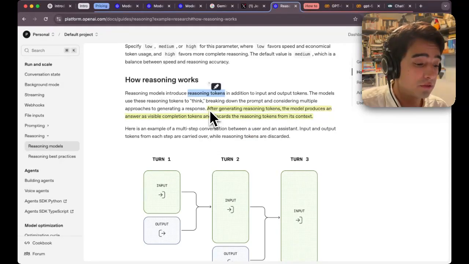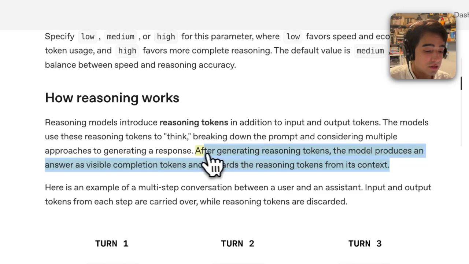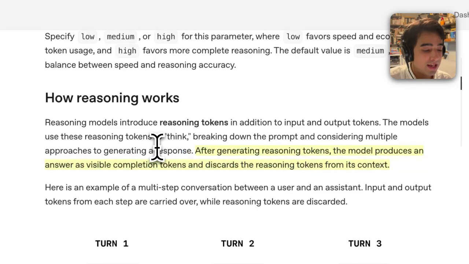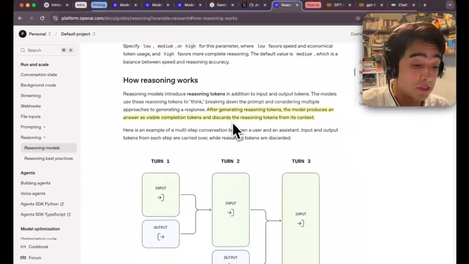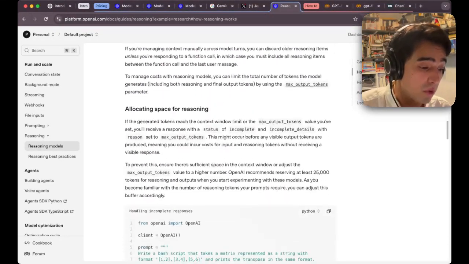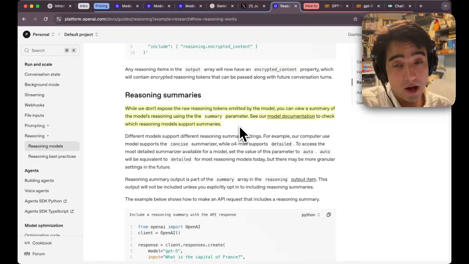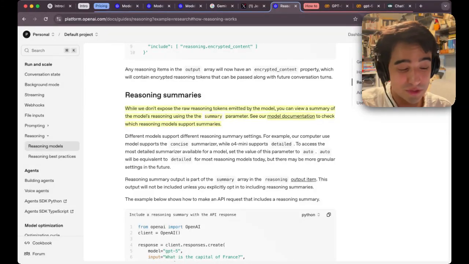They say that after the reasoning tokens are generated, the model produces an answer as visible completion tokens and discards the reasoning tokens from its context. So you don't see those reasoning tokens, but you are charged for them. You do, however, have access to a summary of the chain of thought of all of those reasoning tokens.